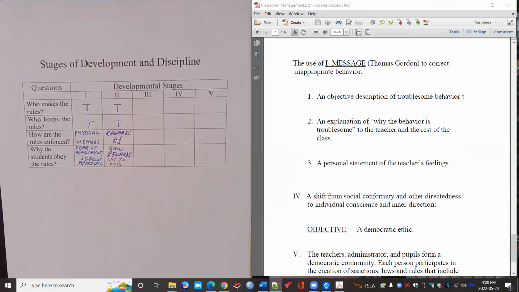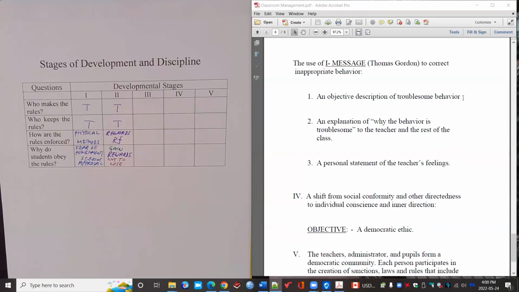So there are three components in an I-message. Take a look here. The first one is an objective description of troublesome behavior. Now it has to be objective. That is to say, you do not inject your personal evaluation of whatever is happening.